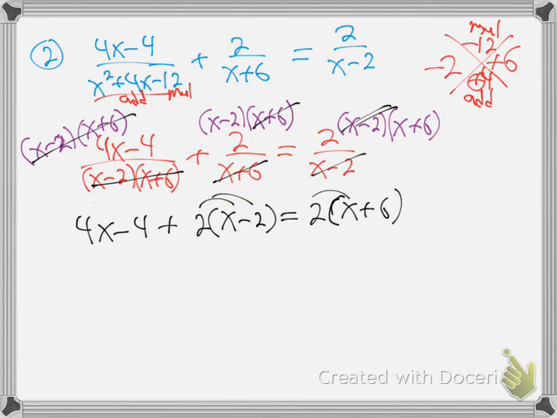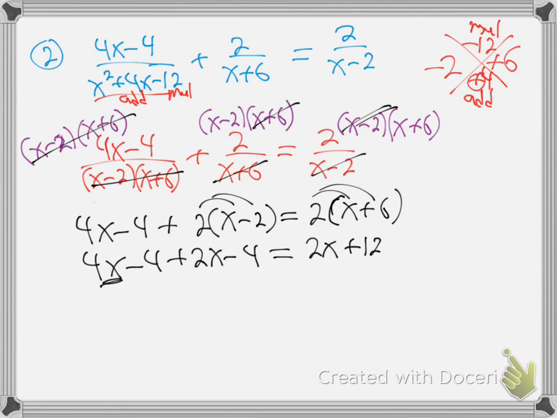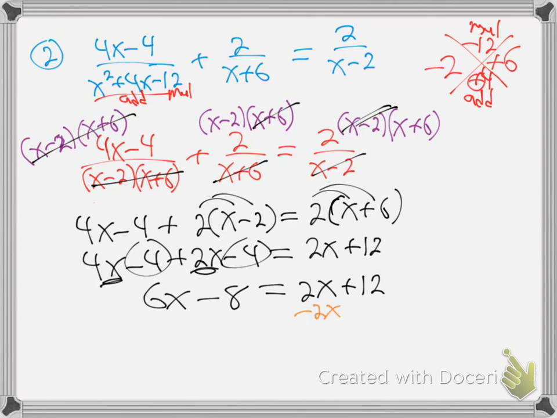So distribute, 4x minus 4 plus 2x minus 4 is 2x plus 12. Gather like terms, 4x and 2x is 6x, minus 4 is minus 8, equals 2x plus 12. Now we finish solving. We got x on opposite sides, so subtract 2x from both of them.